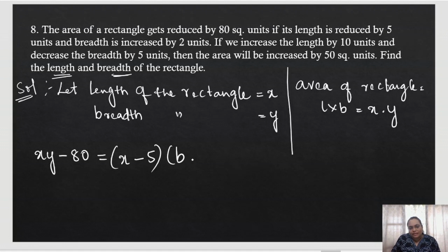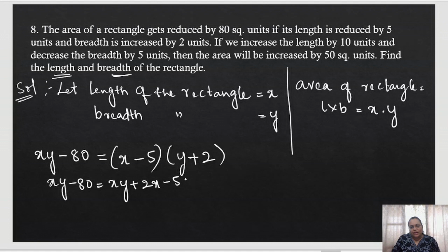So the equation is xy minus 80 equals (x minus 5)(y plus 2). Now let us multiply these both, which is xy plus 2x minus 5y minus 10.